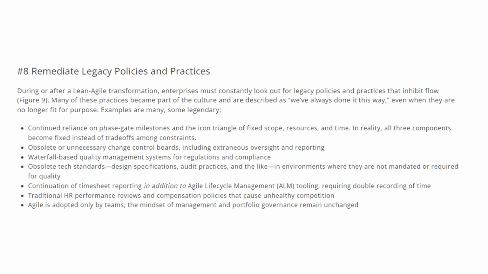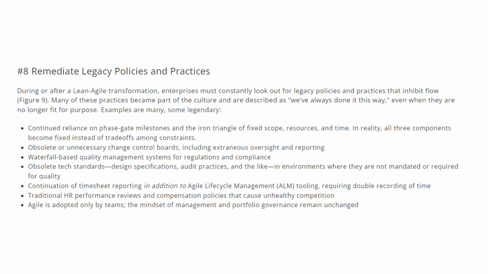The eighth and final flow accelerator is remediate legacy policies and practices. During or after a lean agile transformation, enterprises must constantly look out for legacy policies and practices that inhibit flow. Many of these practices become part of the culture or are described as "we have always done it this way," even when they are no longer fit for purpose.